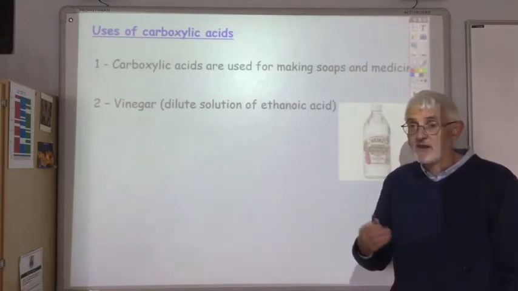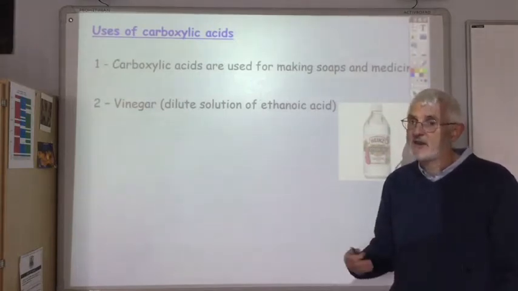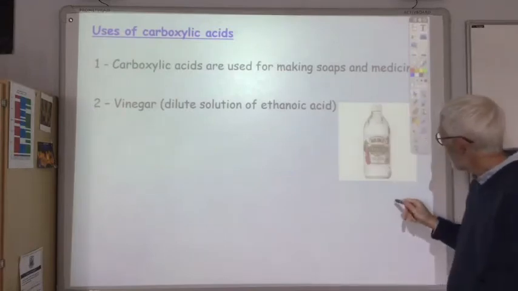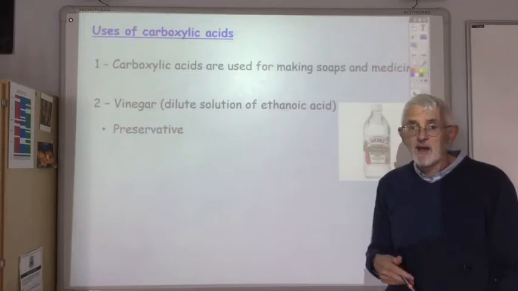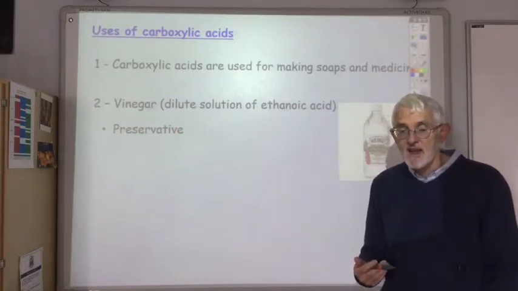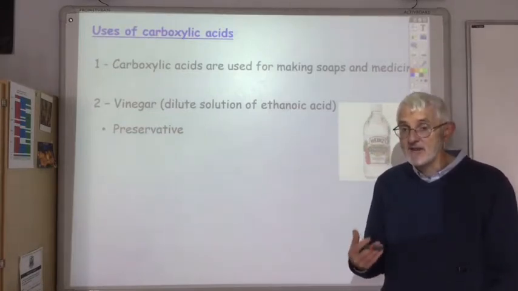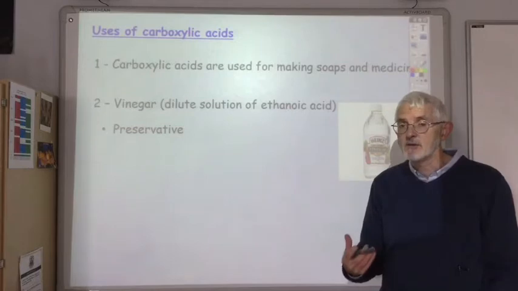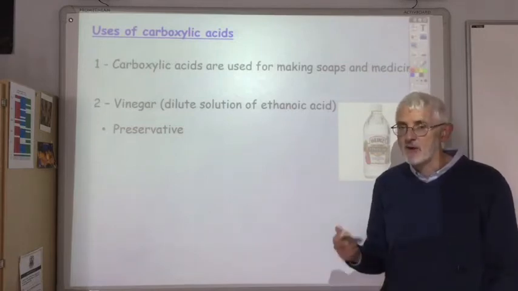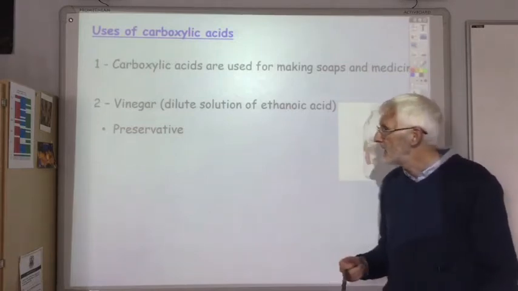Now, obviously we put it on food as a flavouring, especially chips, but more widely it's used as a preservative. So in pickles and chutneys, the food is preserved by the vinegar. The low pH stops bacterial growth and so stops the food going off. So it's a really useful preservative for keeping food fresh.